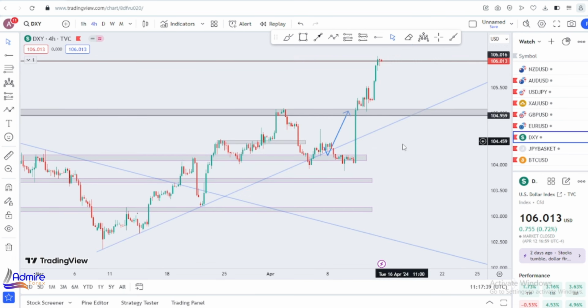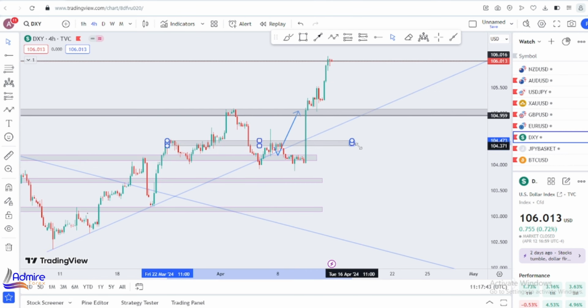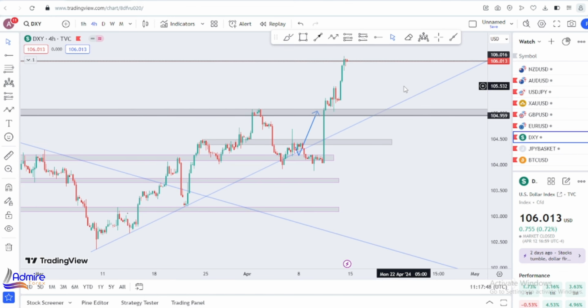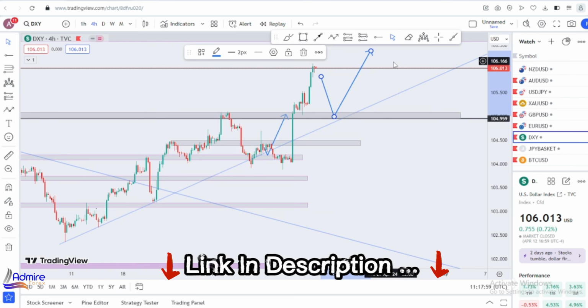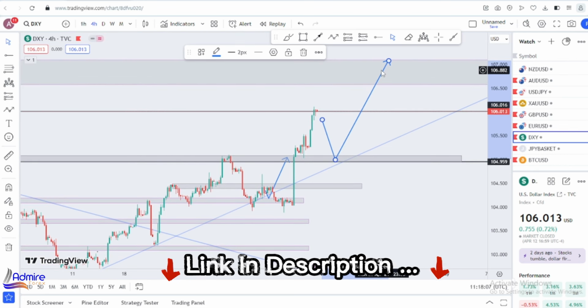I would extend this level here, like so. We would love to see some deep retracement, some bearishness into this zone, which is the 104 level, and bullishness to the upside, which is the 107 level all the way to the upside.